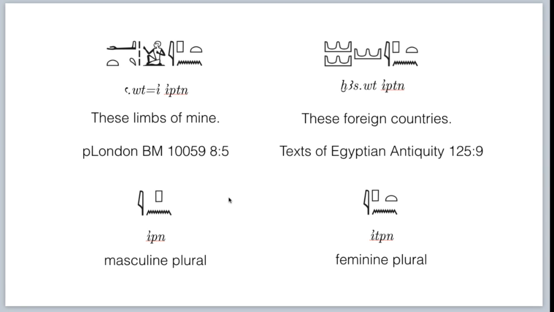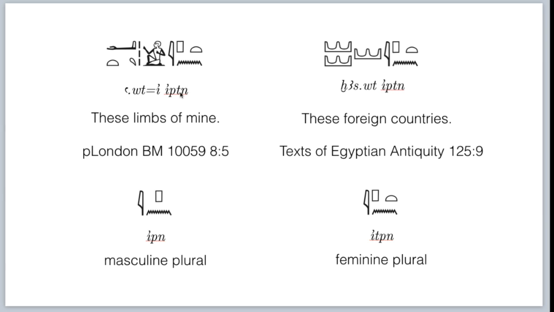So here are some examples of plural. So we have a word, awet. This word is awet-e, which means my limbs. Notice that the arms, awet-e, my limbs. Then we have the demonstrative, ipten.